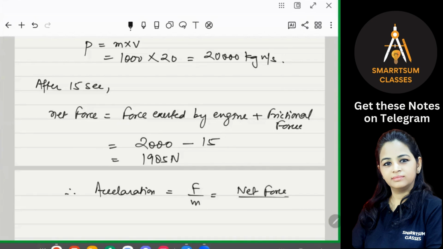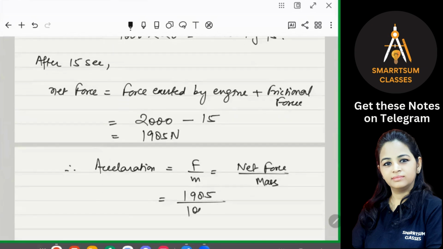F is equal to ma, so a is equal to F upon m. Are you getting it? So from here we can find the acceleration. 1985 divided by 1000. Getting it? Okay. So this will be 1.985 meter per second square, or approximately 2 meter per second square. Is that clear?